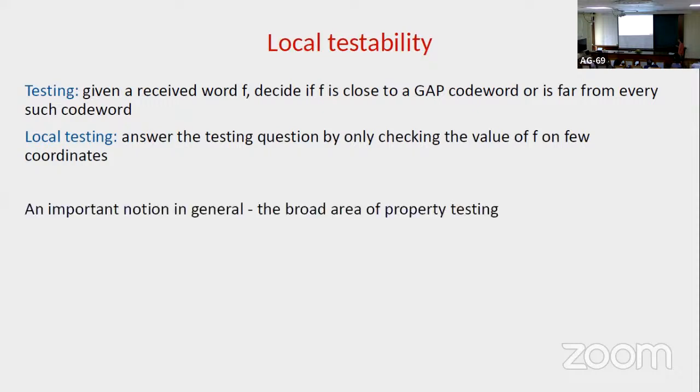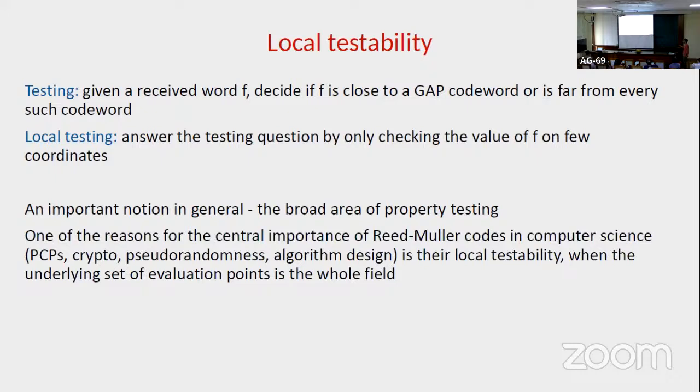And it's a really important notion in general, although it's not a very old notion. Certainly for the broad area of property testing, but one of the reasons for the central importance of polynomial evaluation codes and Reed-Muller codes, in particular, in computer science, such as PCPs, cryptography, pseudo-randomness, algorithm design, etc., is their local testability.